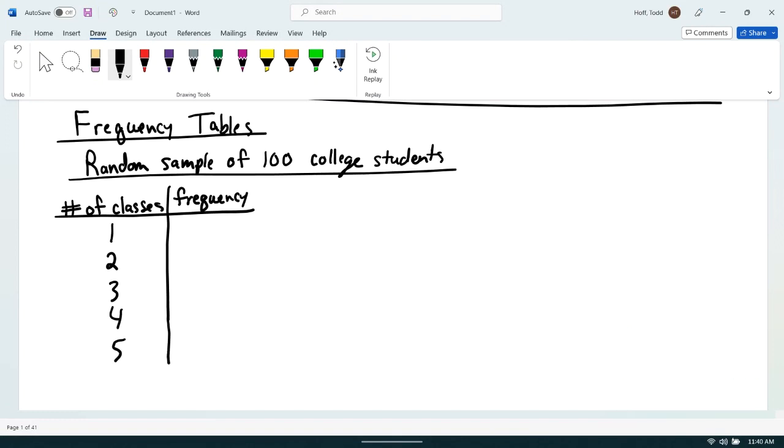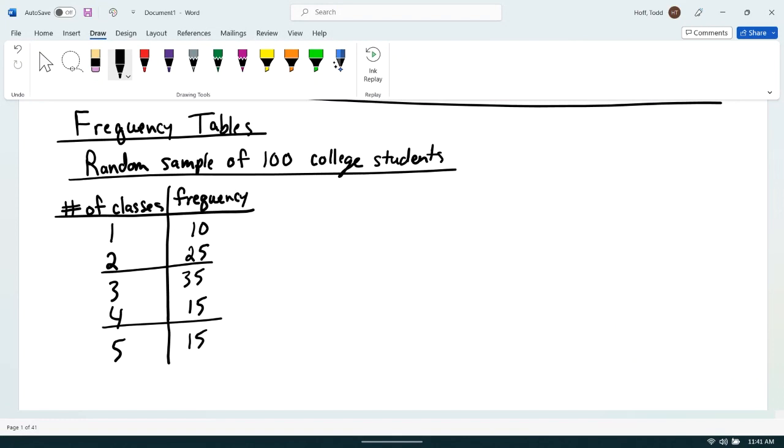And let's say we didn't have any students reported taking more than 5 classes. 10 students reported they were taking 1 class. 25 students reported taking 2 classes. 35 students reported taking 3 classes. 15 reported they were taking 4 classes, and another 15 reported they were taking 5 classes.